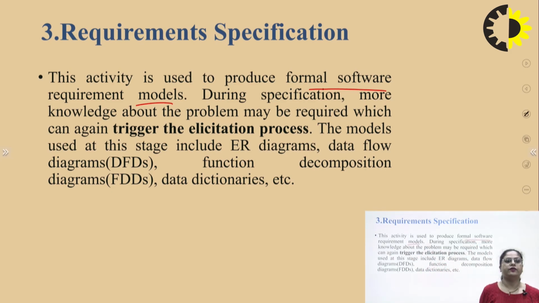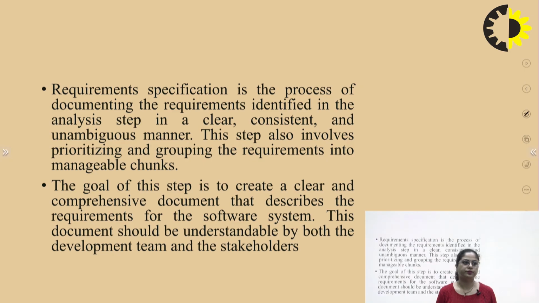During the specification, more knowledge about the problems may be required, which can again trigger the elicitation process. The models used at this stage include entity relationship diagrams, data flow diagrams, functional decomposition diagrams and the data dictionary.